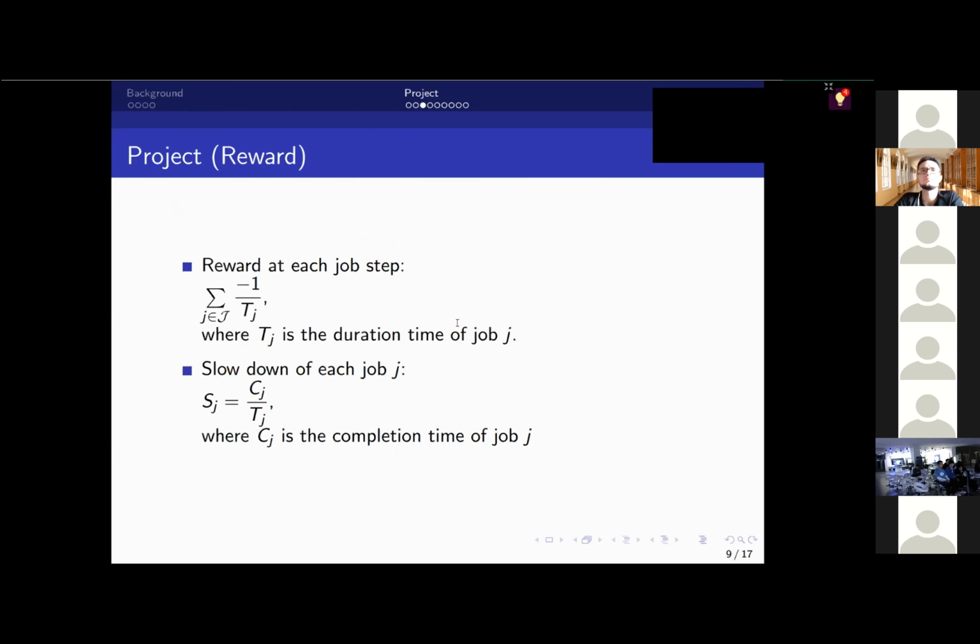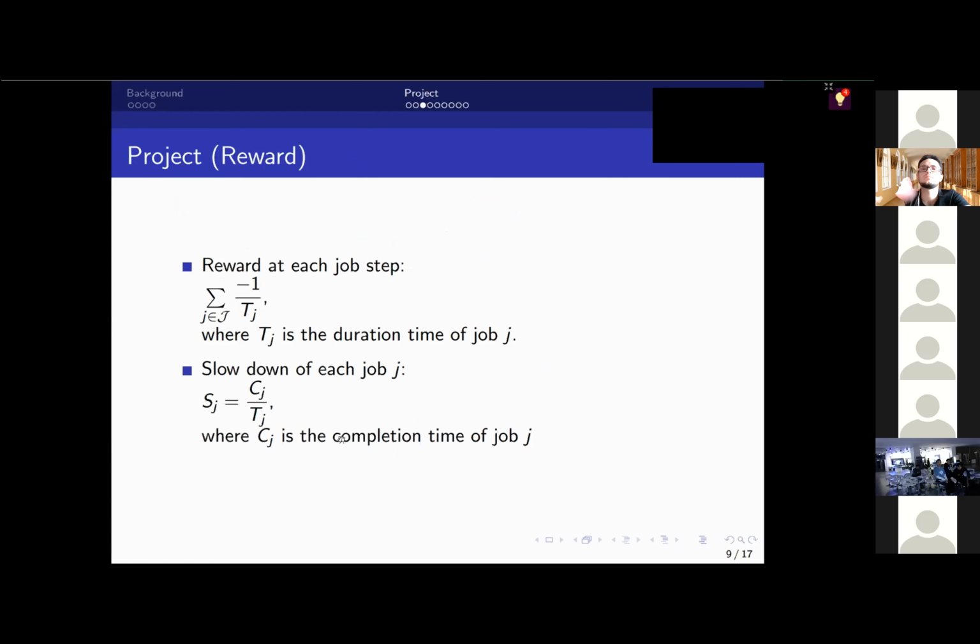And next is the reward of our environment. This is the formula of the reward at each time step, where Tj is the duration time of job j. The duration time consists of the completion time and the waiting time of the job.